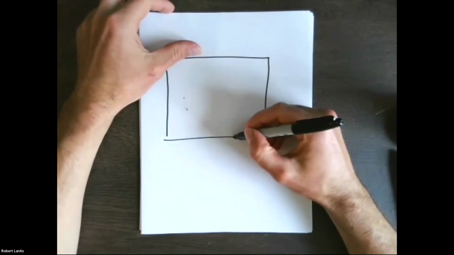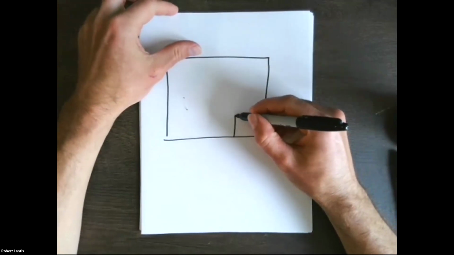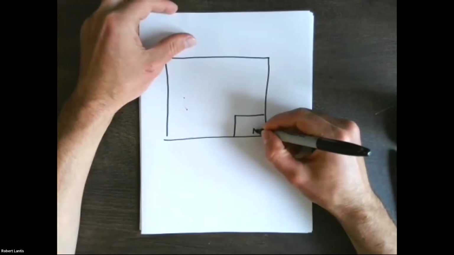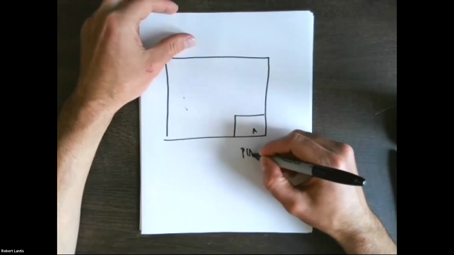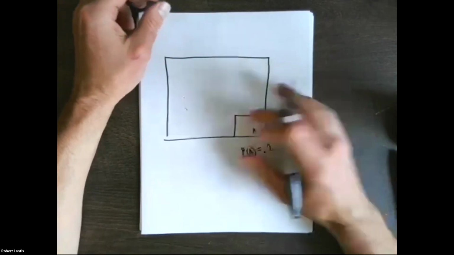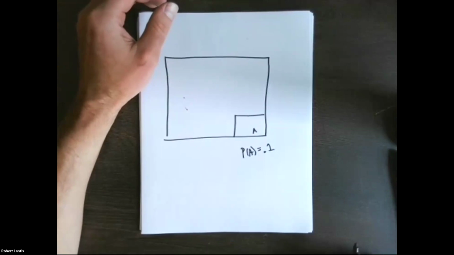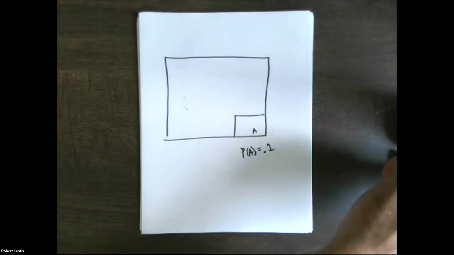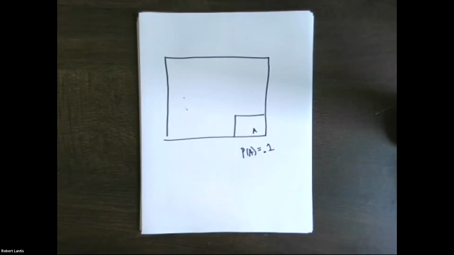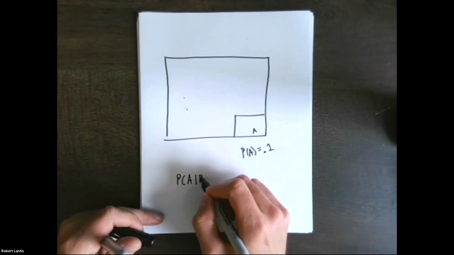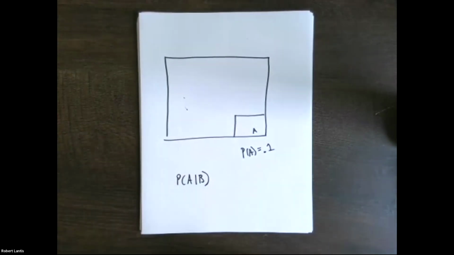Here I've got A, my event space A, and maybe the probability that A occurs is 0.1. I tried to draw it to be like a tenth of this. That would be what we call our unconditional probability. So what if I wanted to know the probability of A conditional on B?